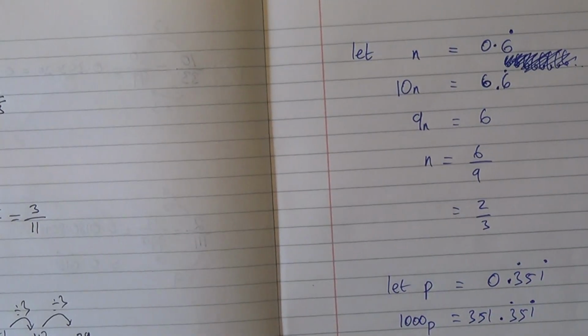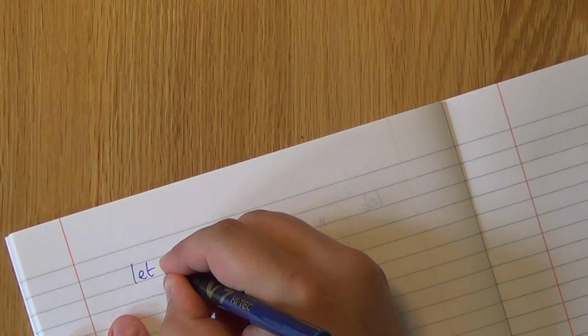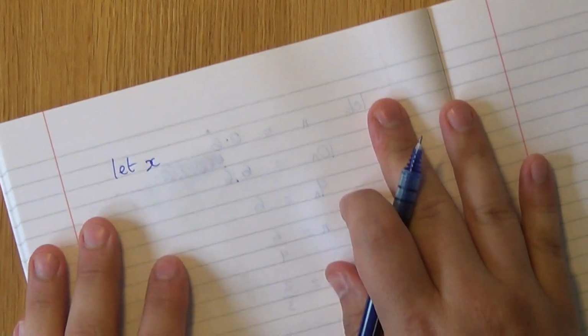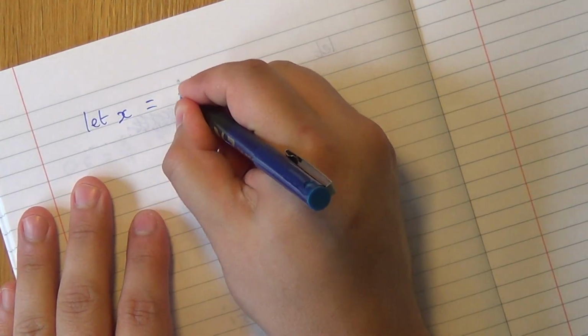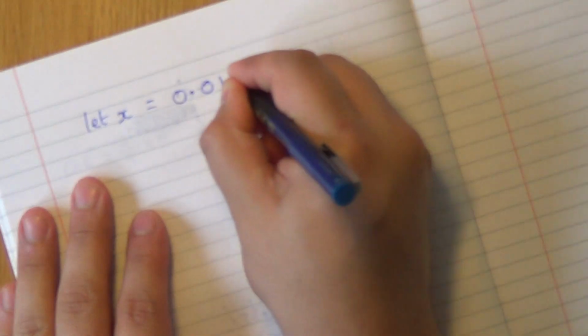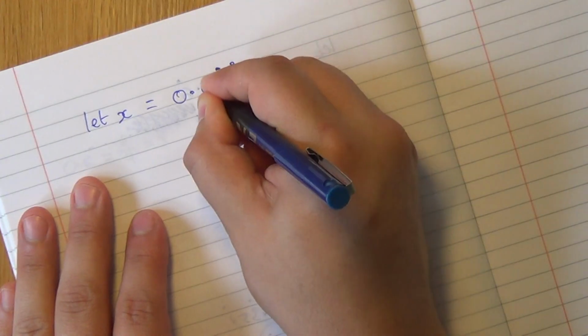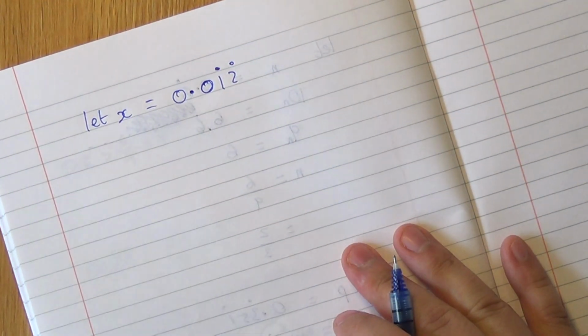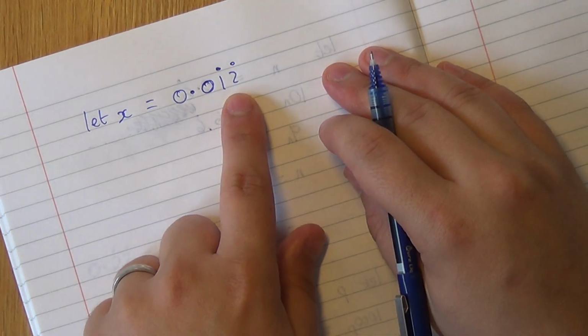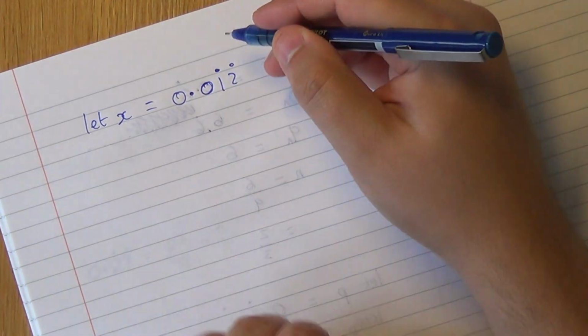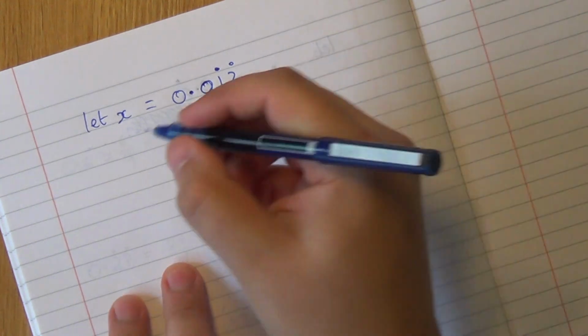This is 0.012, but they're not all recurring. So we are again going to want to multiply to make sure all the recurring stuff is whole, and that is again 3 columns.